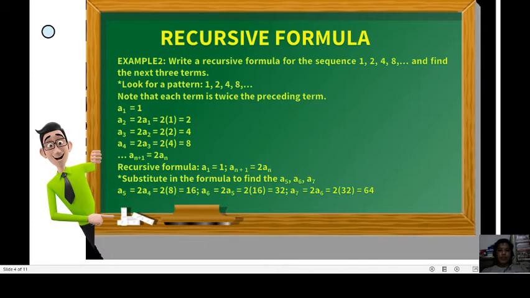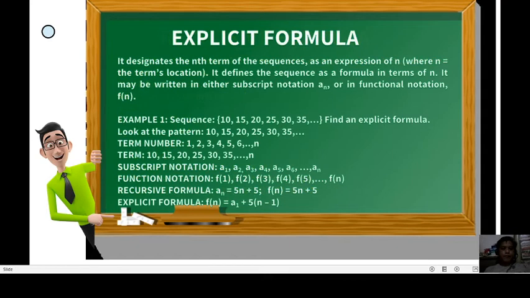Multiplying 32 again by 2, we have the product of 64, which is our 7th term. So our next 3 terms in this example are 16, 32, and 64.